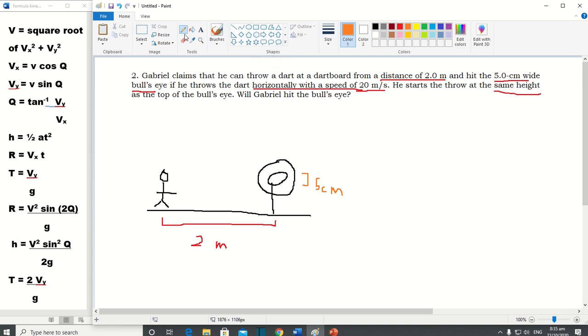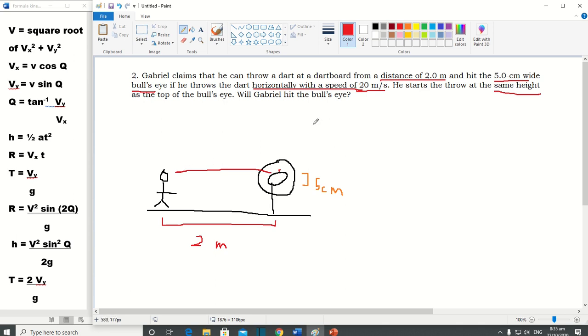Sabi, nag-start niyang i-throw o ibato yung dart at the same height nung top ng bullseye. So yung top ng bullseye, siguro nandito. Ayan, sa tuktok daw ng bullseye. So bali, ni-start niyang ibato yan, mula dyan papunta doon.